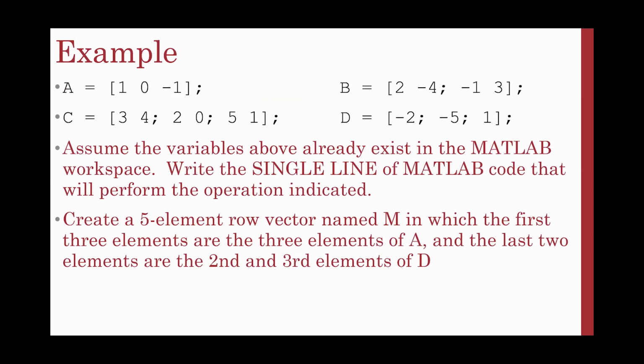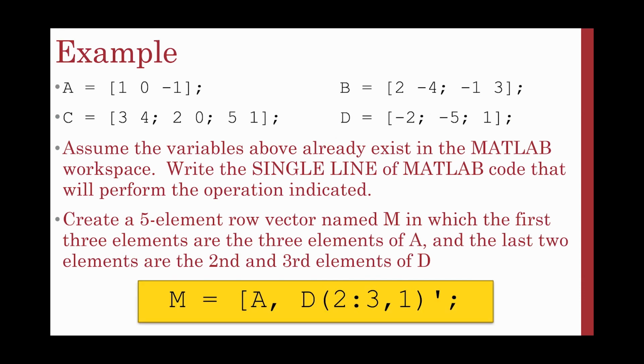So let's look at another example. We have these predefined variables in MATLAB. We want to write a single line of MATLAB code to perform the following operation. We want to create a 5-element row vector named M, in which the first 3 elements are the 3 elements of A, and the last 2 elements are the second and third elements of D. Well, M is going to be equal to, first A, because we want all of A, comma, then we want the second and third elements of D. D is a column vector, so this is the rows and this is the column.